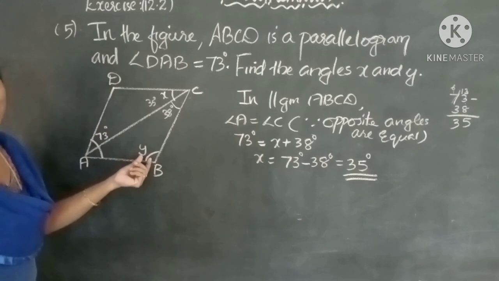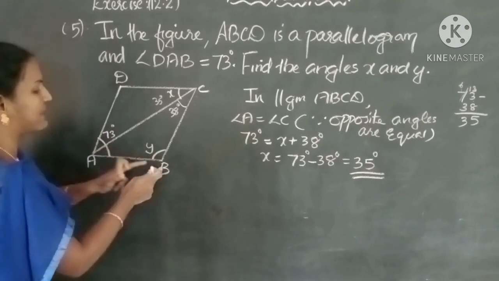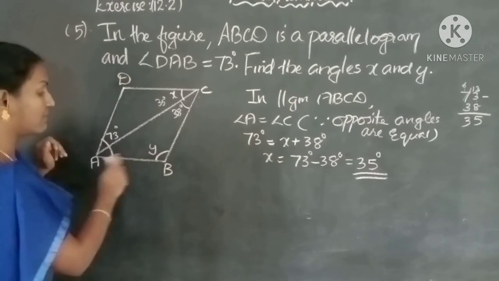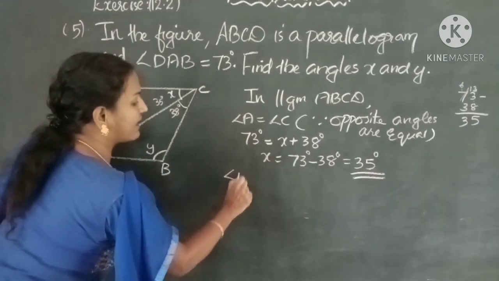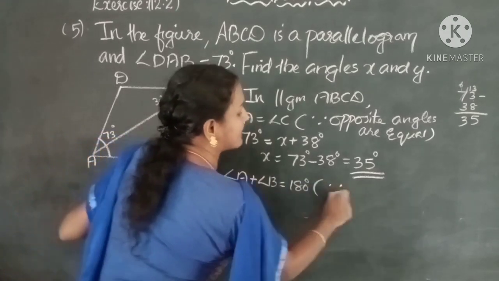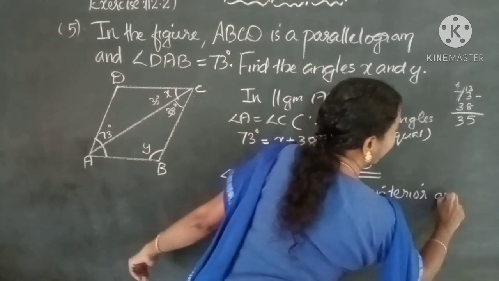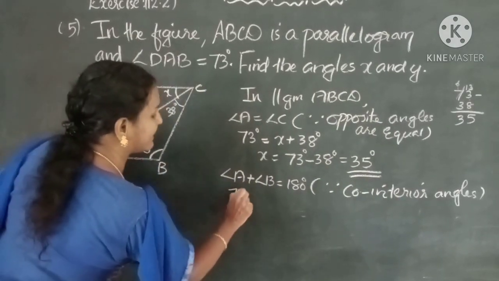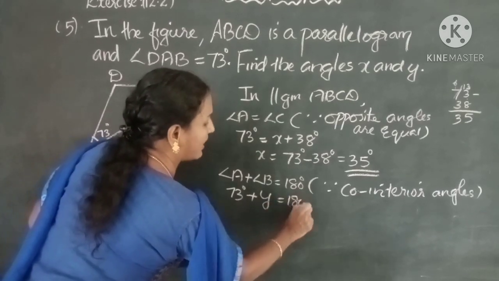Then we have to find the value of y. In a parallelogram, angle A plus angle B is equal to 180 degrees. Reason? Co-interior angles. So A is 73 degrees, B is y, and the sum is 180.